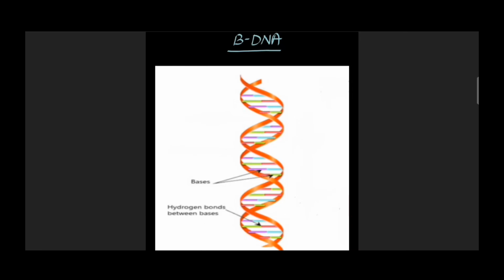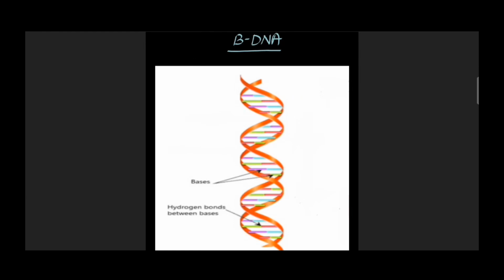Now when we talk about DNA, this is actually the polynucleotide. This is the sugar and the phosphate backbone, and then there are bases which are present out here. The nitrogenous bases form hydrogen bonds between them.